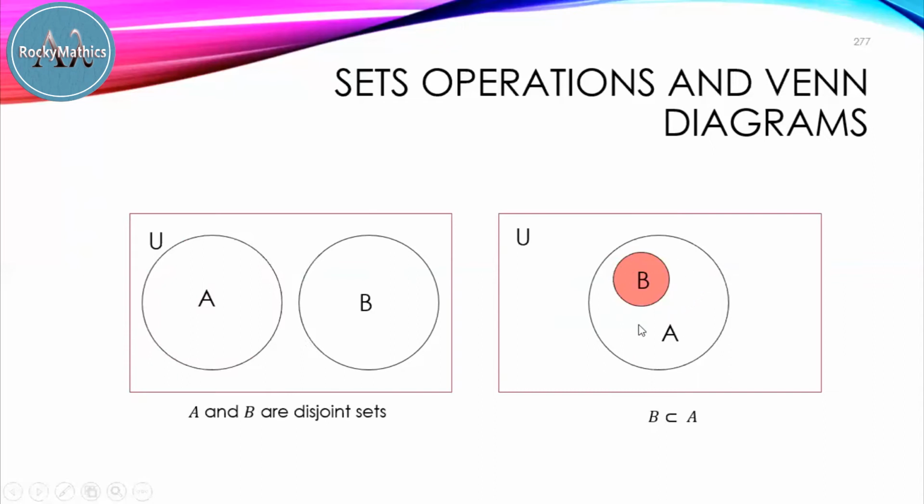So this is what we call a subset, meaning B is a subset of A. B is a subset of A, but it doesn't mean that B is equal to A. In this example, B is not equal to A, although B is a subset of A. Specifically, we call B a proper subset of A. Okay?